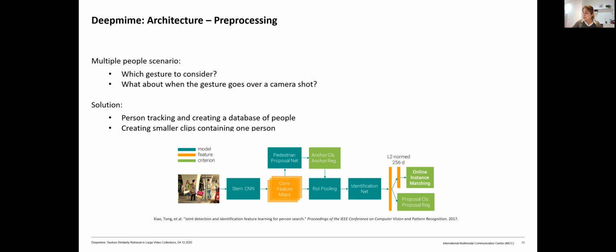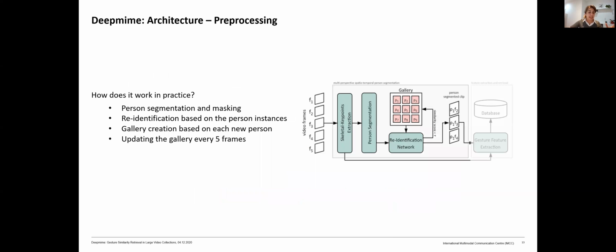And this gallery is being completed by comparing every new person that appears on the scene with the gallery images that we have. And if the similarity between them is lower than a certain value, we add that new person to the gallery, because the similarity was not enough to say that this person is the same person as was in the frame before.